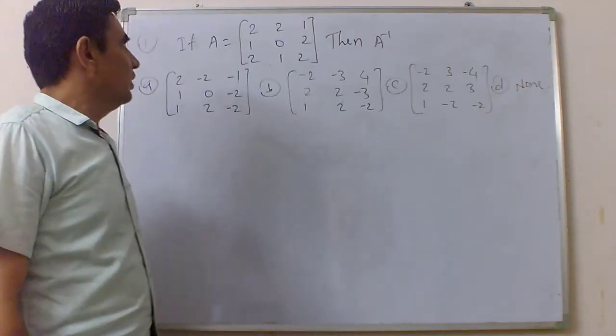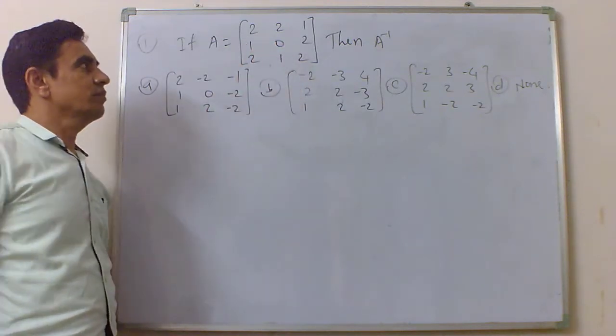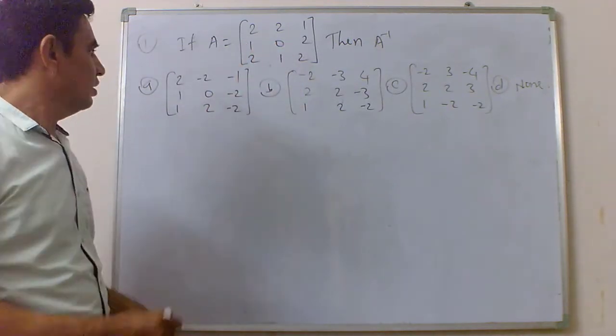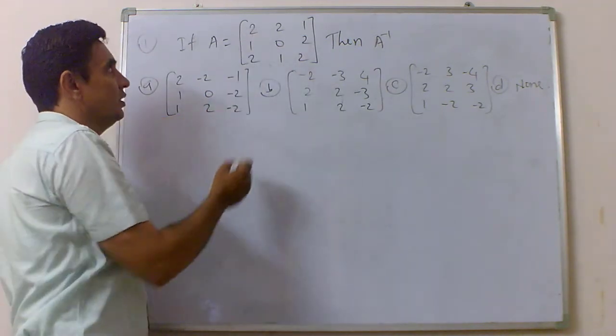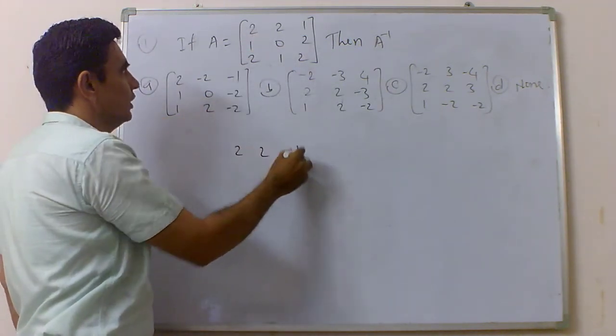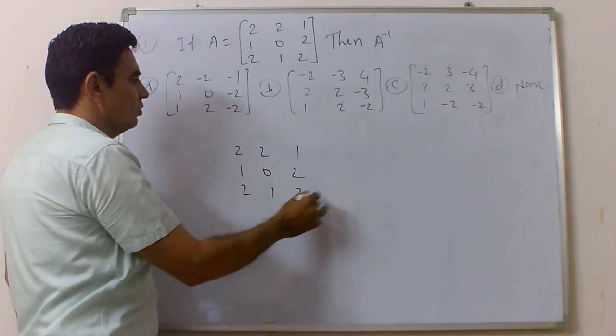Now we see problems. If A is equal to this matrix, then find A inverse. We see one simple method to find the inverse of a matrix. This is a shortcut to find the inverse of the matrix. The matrix is 2 2 1, 1 0 2, 2 1 2.